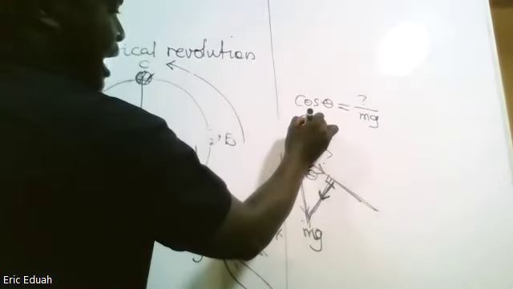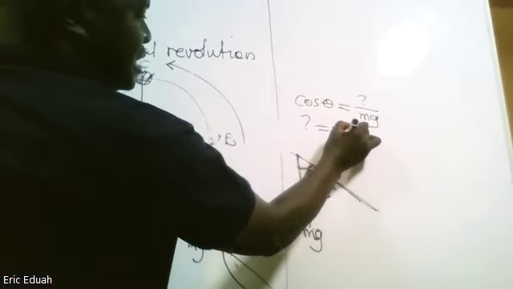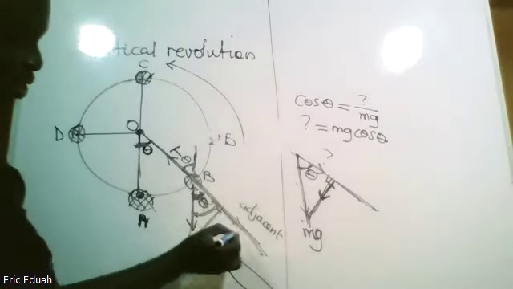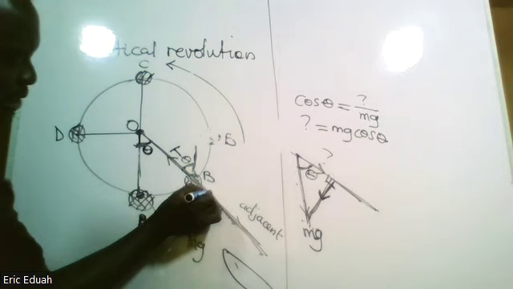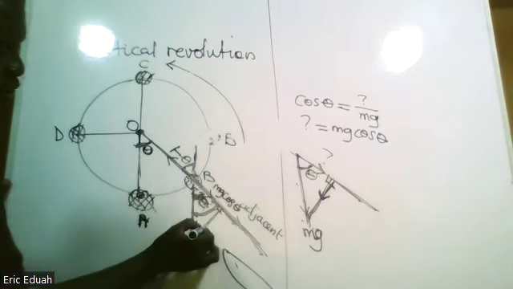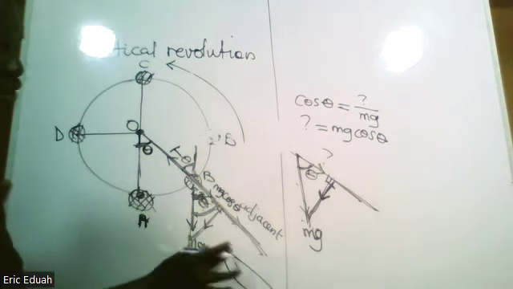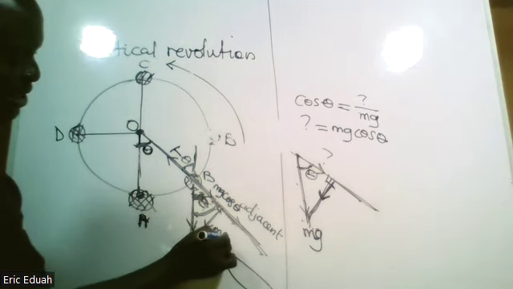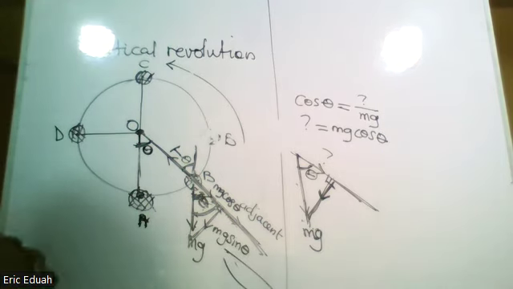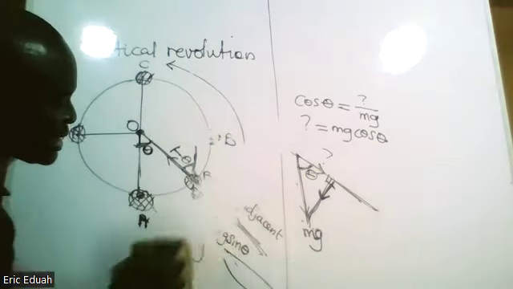Therefore, the adjacent is equal to mg cos theta. So this component we will call mg cos theta. It's obvious the opposite would also be mg sine theta. So we have resolved. Let me clear this side to make it clear.